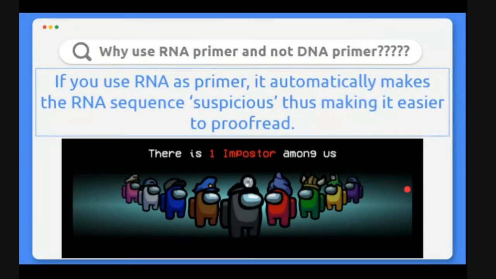Parang impostor siya dun sa sequence mo. So, kapag may impostor dun sa sequence mo, mas madali nang mag-proofread, na parang, wow, impostor yan, alisin natin. So, mapuproofread niya na ng maayos yung DNA strand mo. That is why we use an RNA primer instead of a DNA primer, kasi later on, makikita nyo, merong ability yung DNA polymerase natin to proofread itself.